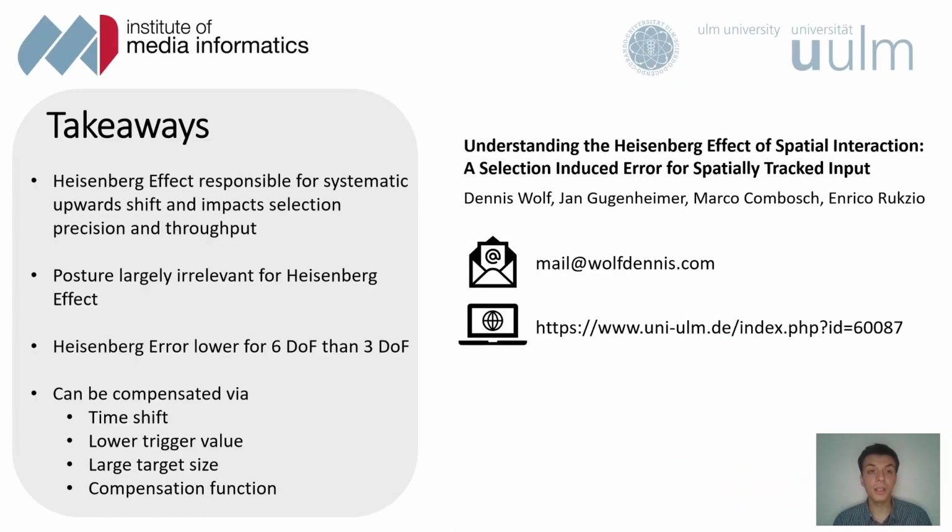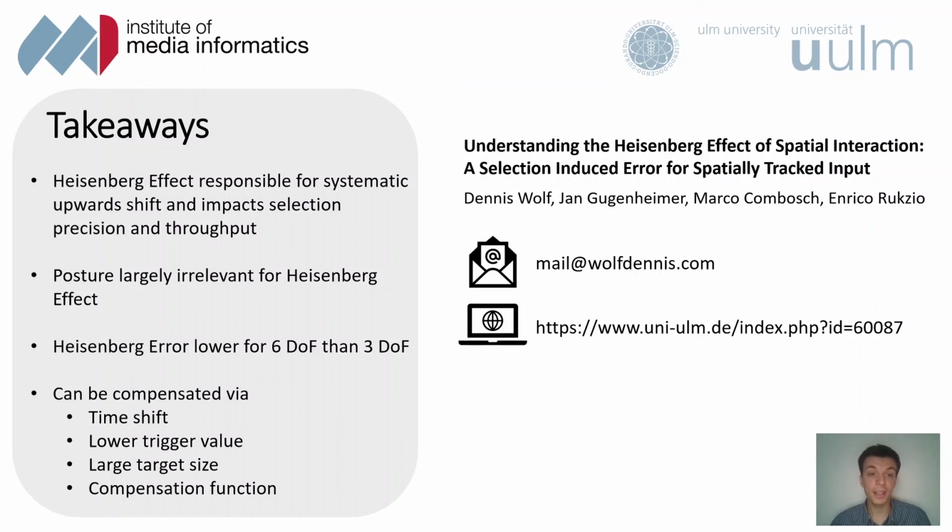So to sum it all up, we have found that there is a systematic directional shift, in our case upwards shift with the Heisenberg effect. It does indeed impact selection precision and the performance, so the throughput. The posture of the arm and the body was largely irrelevant for the Heisenberg effect, but we did find that the degrees of freedom do impact the Heisenberg error, where 6 degrees of freedom led to a lower Heisenberg error.